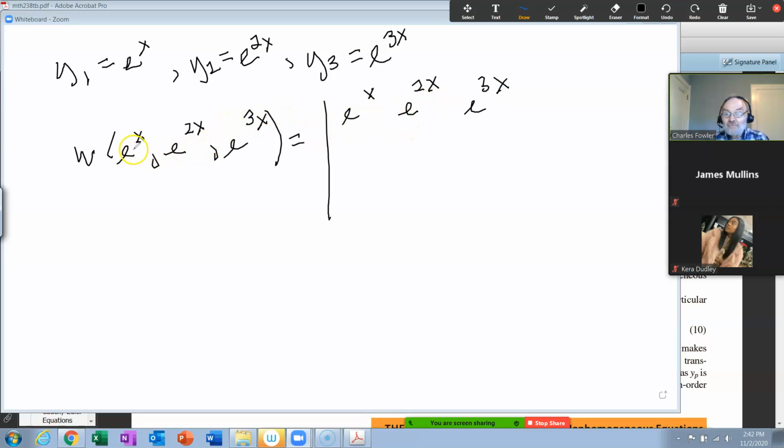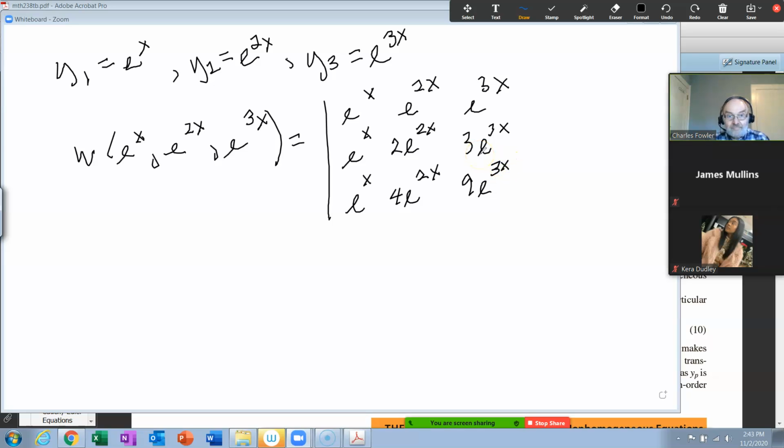Second row, the derivatives of each of those functions, which would be e to the x, 2e to the 2x, and 3e to the 3x. And the second derivatives, e to the x, 4e to the 2x, and 9e to the 3x.